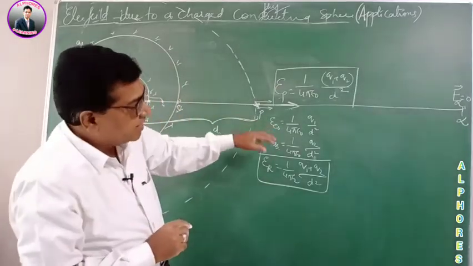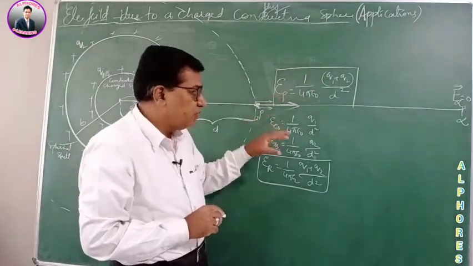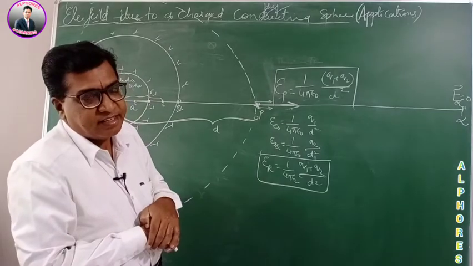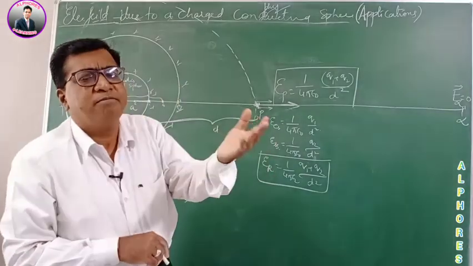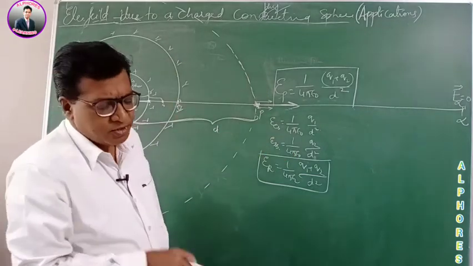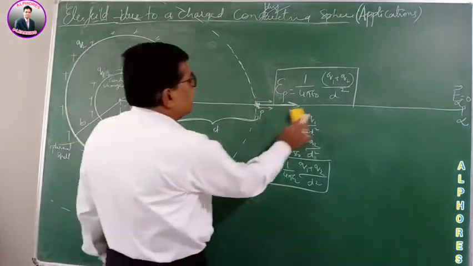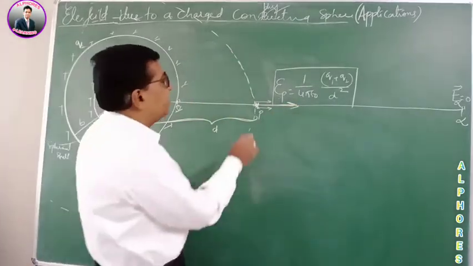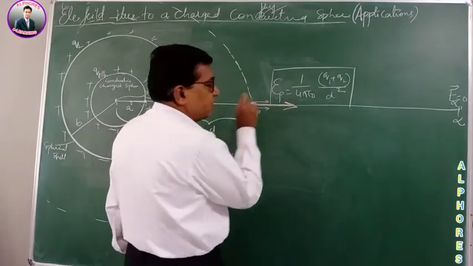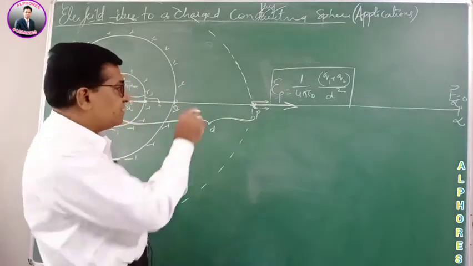So you can either find it by Gauss law or by considering the electric field due to each charge and adding them vectorially by the principle of superposition. So the electric field at the outside point is 1 by 4 pi epsilon naught, Q1 plus Q2 by d square, and the direction is radially outward. Right, first point.